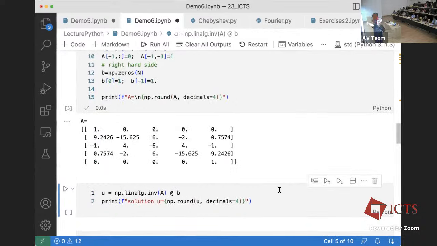This is what we have. The first line is the advertised 1, 0, 0, 0, 0. This is going to be the lower boundary condition up here. In the middle are various non-zero numbers of various sizes. This is the combination of the second order differentiation matrix and our F terms.